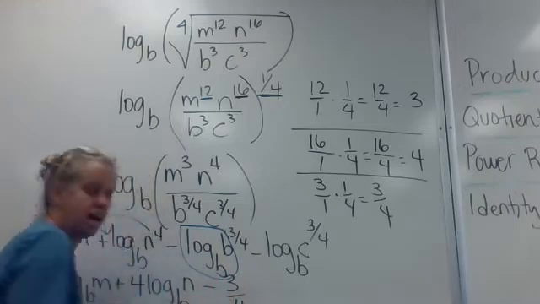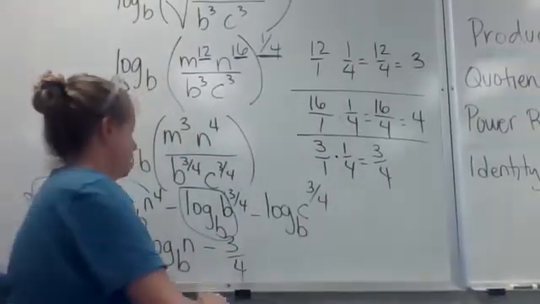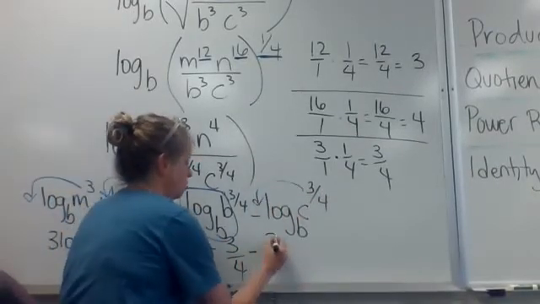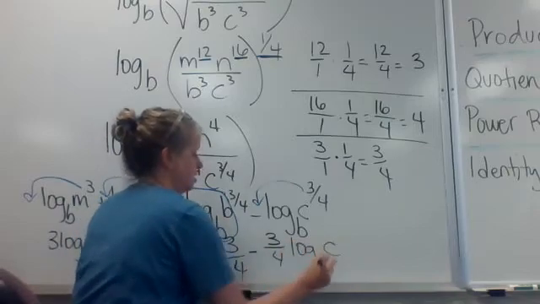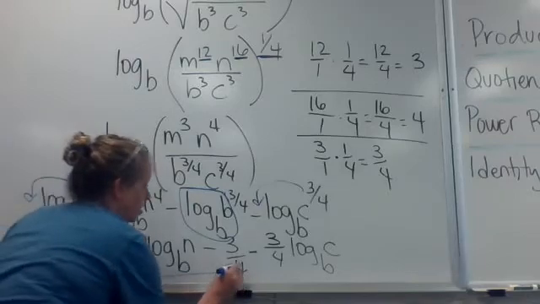So minus just plain 3/4. And then bring this one down. Minus 3/4 log base b of c. Unfortunately, that is not multiple choice. Some of these are multiple choice, but this one is not. So you're going to have to type all this mess in.